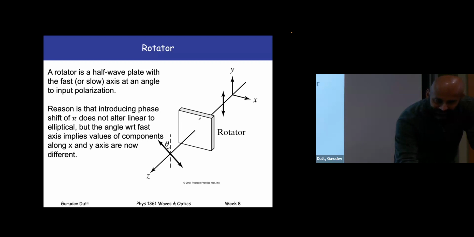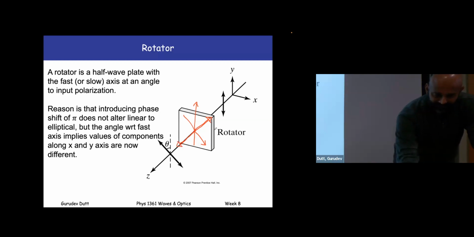So if this is the incident light, and let's say I'm sketching the fast axis and the slow axis like this. The incident light is over here, so this is E. Let me use these thicker arrows to denote the direction of the axis.